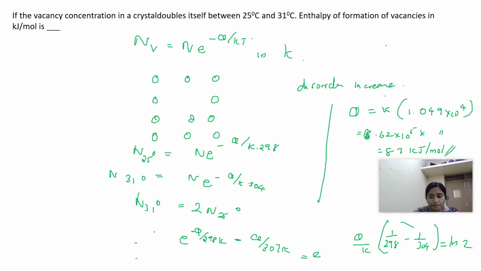Now substitute the k value, 8.62 into 10 to the power minus 5. Then you will get the Q value, which is actually 0.9 electron volt, and you have to convert that into kilojoule. Then it will be 87 kilojoule. Actually, it is 0.9 electron volt.